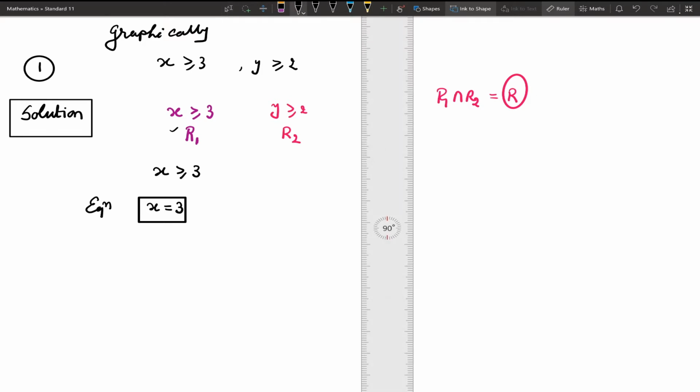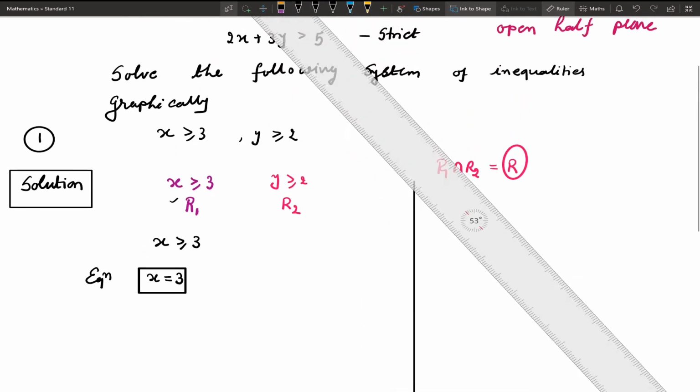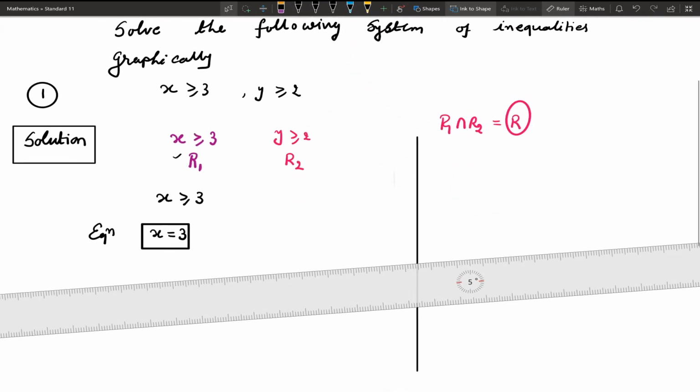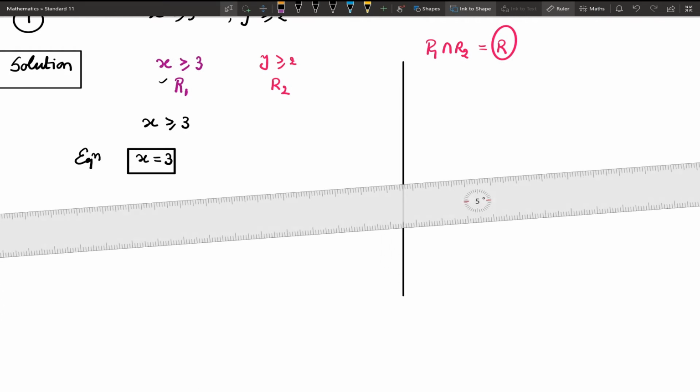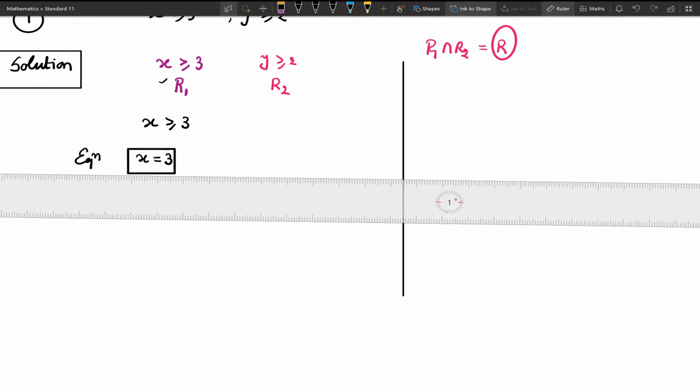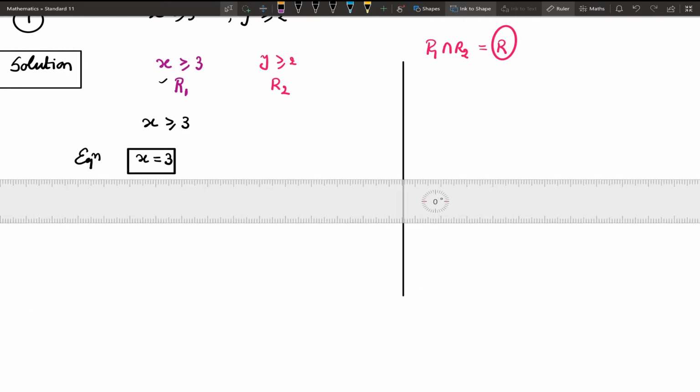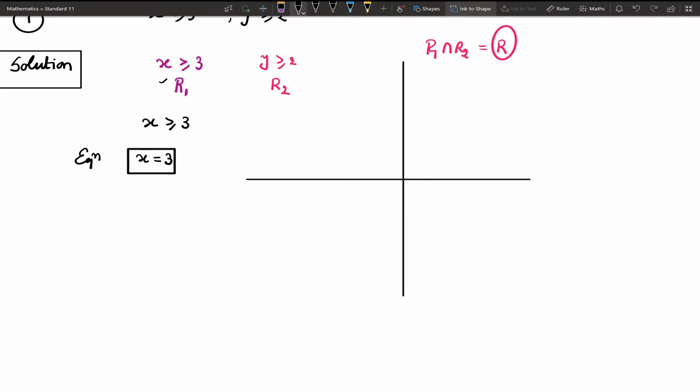So this is the x-axis, this is the y-axis.